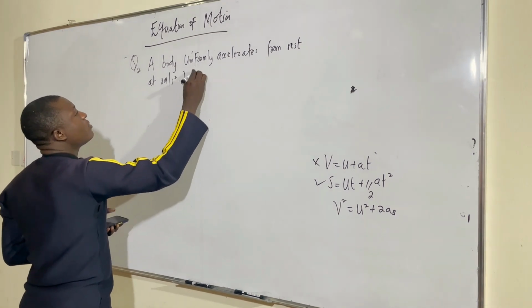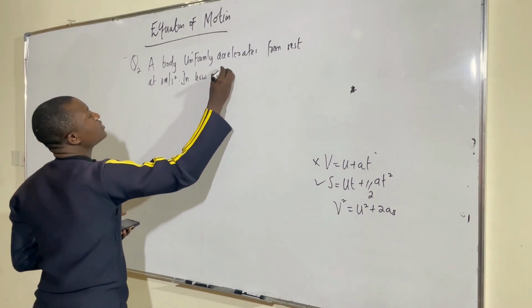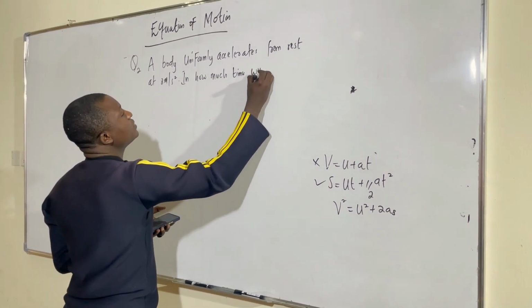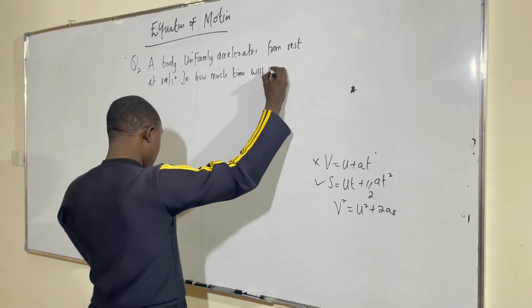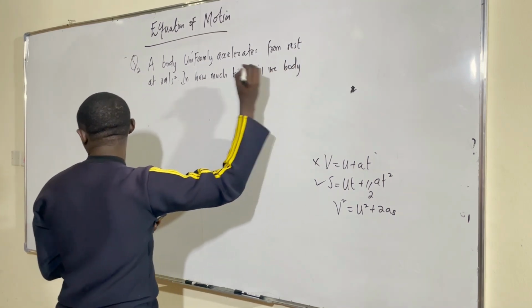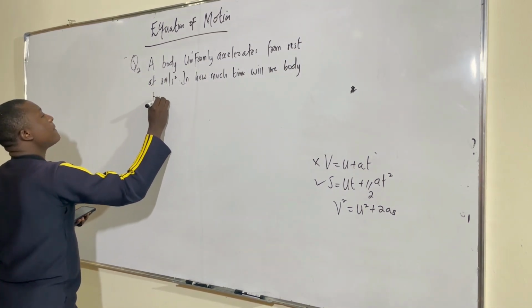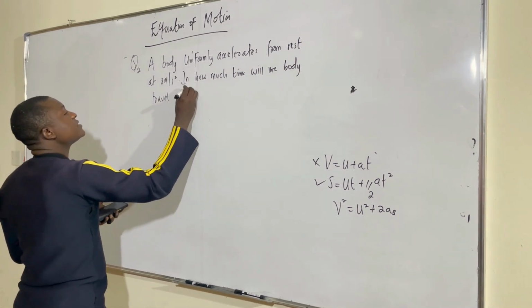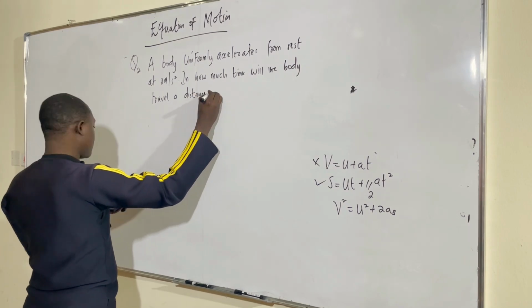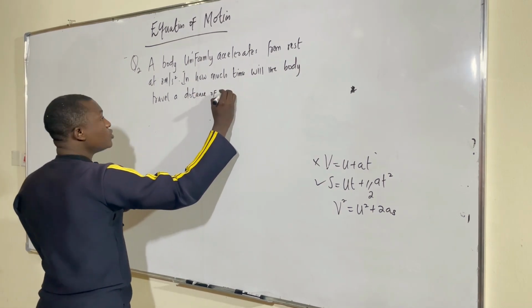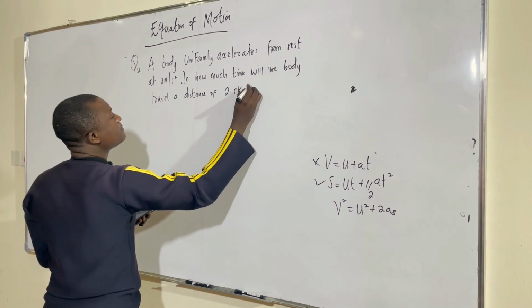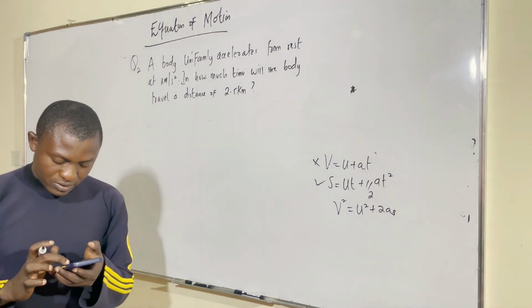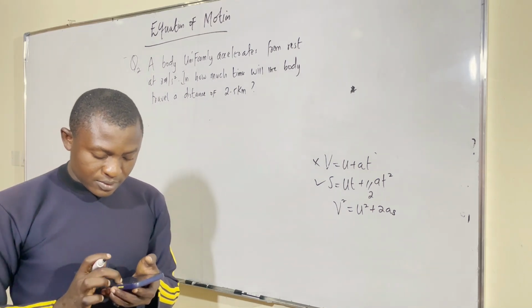In how much time will the body travel a distance of 2.5 kilometers? What I got is 25 seconds, but let's solve it also. Maybe you are going to have the same result.